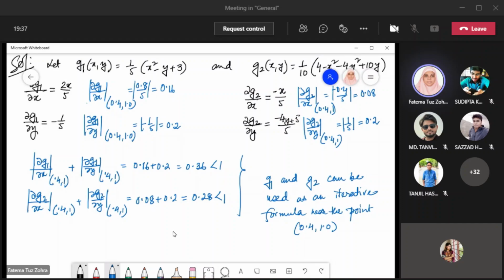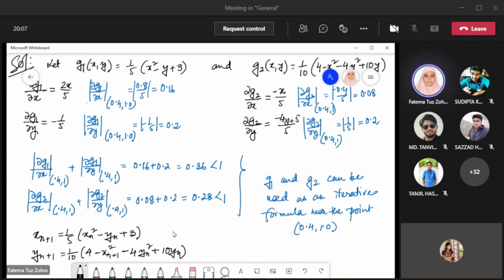Done? So then what is my iterative formula? The iterative formula is x_{n+1} = 1/5 (x_n² − y_n + 3), and y_{n+1} = 1/10 (4 − x_{n+1}² − 4y_n² + 10y_n).